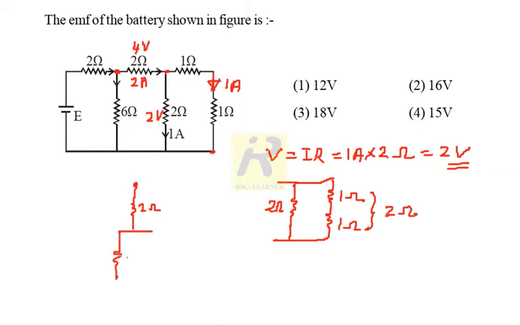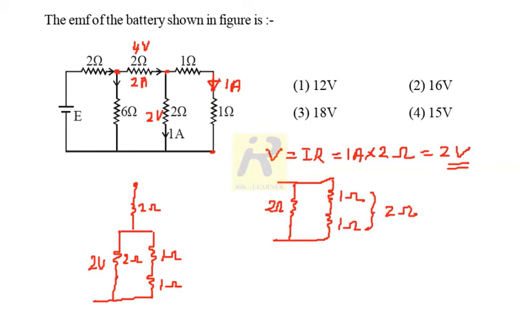One is 2 ohm, this one, and on the other side we are having two resistors like this, 1 ohm and 1 ohm. These two are further connected. And from this notation, we already got 2 volt here. This 2 volt is applicable for this branch as well as this branch. So nothing more to do.